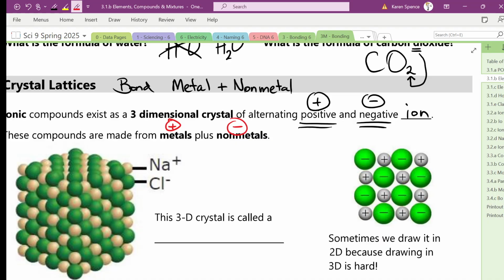How did the metal become positive? This is like for your test tomorrow. It lost electrons. How did the non-metal become negative? It gained electrons. Are these guys sharing their electrons? No, metals are giving, non-metals are taking, not sharing.